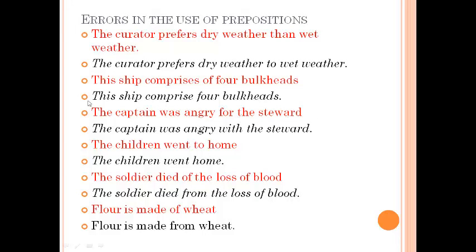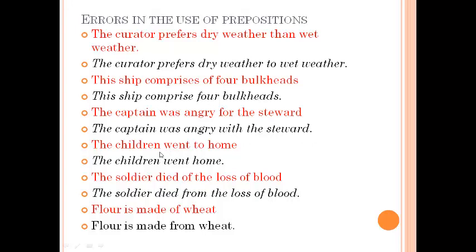Here the condition is angry with a person, angry for something. Whenever we are speaking of a person, there must be with, not for. When should we use for? When we have a cause or something, then we can use for. That's why the corrected sentence is "The captain was angry with the steward."